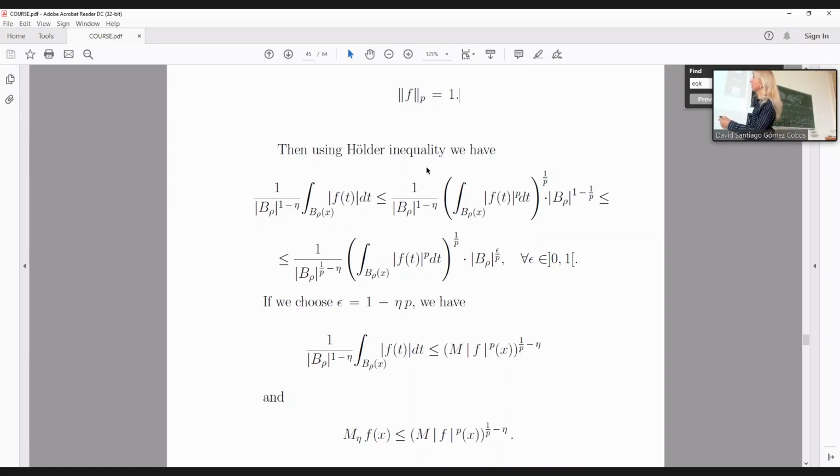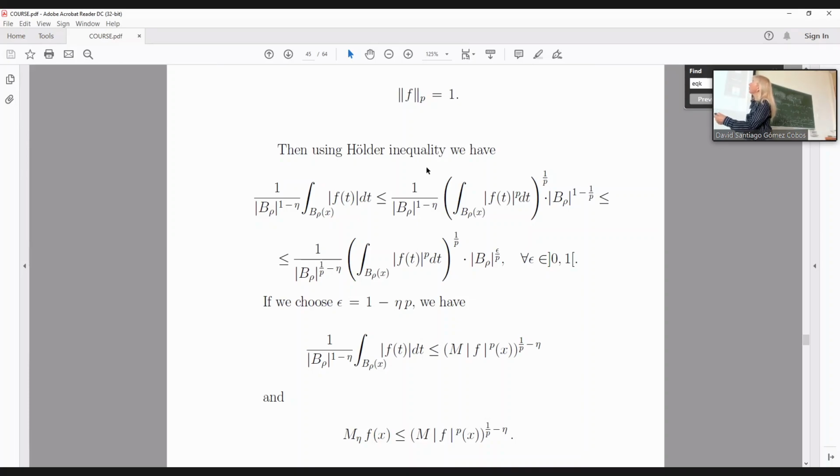We have 1 and 1 that we can delete, and what is in the next inequality is minus 1 over p here, but if we consider the measure in this part of the fraction, we have plus 1 over p, and we copy minus eta.